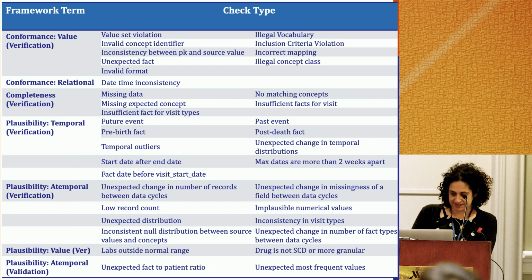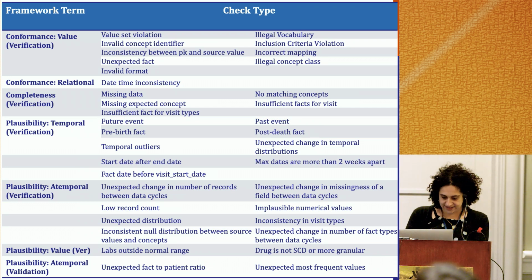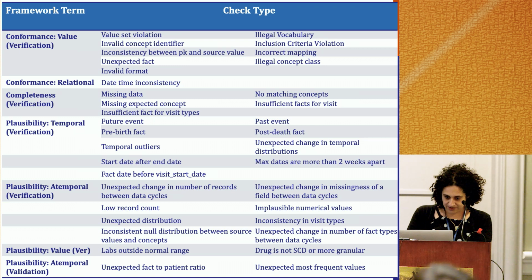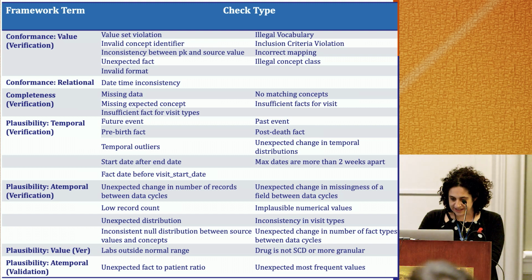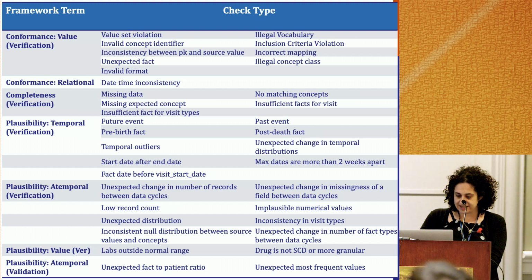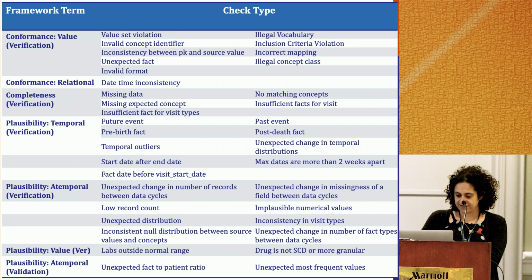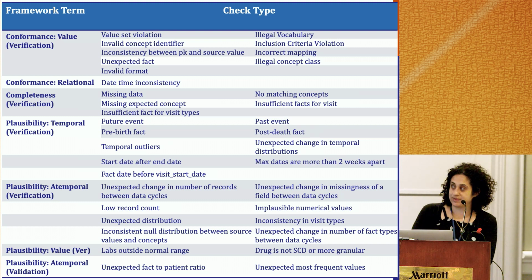The catalog is available on GitHub on the PEDSnet page: github.com/PEDSnet, data quality analysis, and then you go to data, and there's this DQA catalog. It categorizes all of the checks that we have.